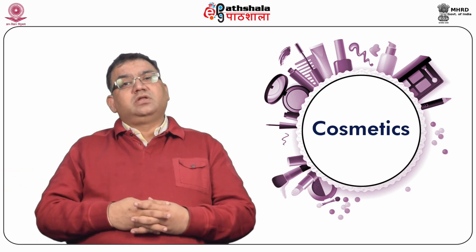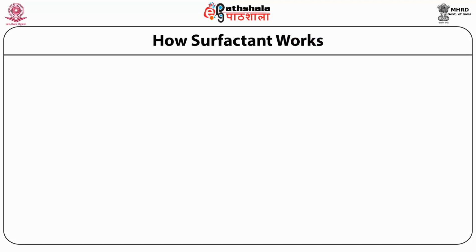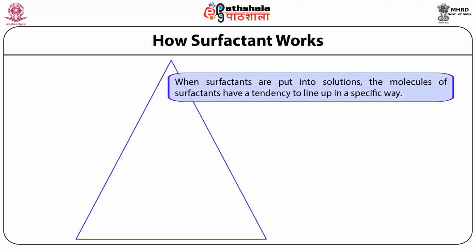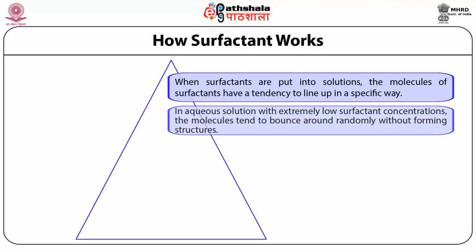Coming to how a surfactant works in an emulsion, when surfactants are put into solutions, the molecules of surfactants have a tendency to line up in a specific way depending on the solution composition, the concentration of the surfactant, and the temperature. In aqueous solution with extremely low surfactant concentrations, the molecules tend to bounce around randomly without forming structures.